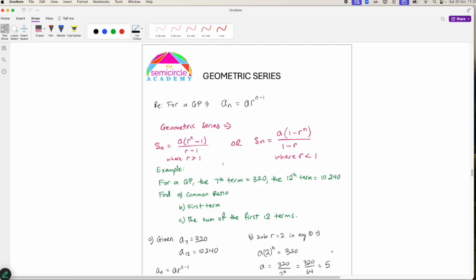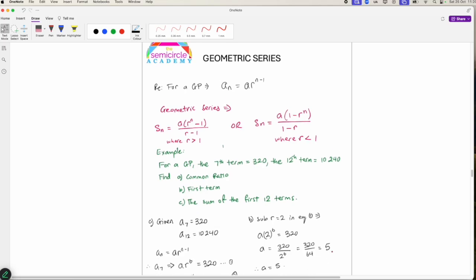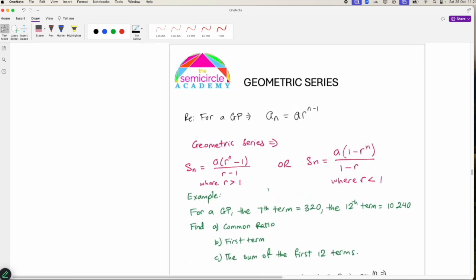That was the sum of an arithmetic series. Now, we're dealing with the sum of a geometric series. For a geometric series, a GP, this is the series itself, ar^(n-1). But for a geometric series, we actually have 2 sums, and it depends on what that common ratio is.